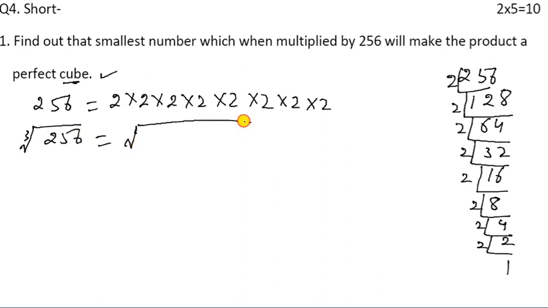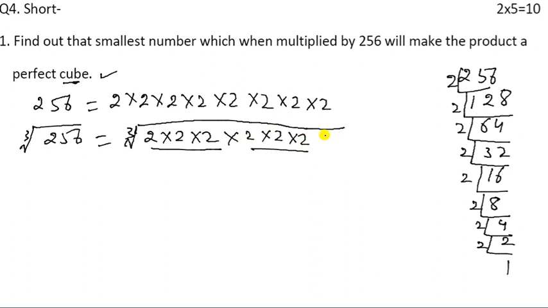How many 2s? 1, 2, 3, 4, 5, 6, 7, 8. So you have to write 2 into 2 into 2 into 2 into 2 into 2. How many 2s? 1, 2, 3, 4, 5, 6, and 2 into 2 becomes 8.